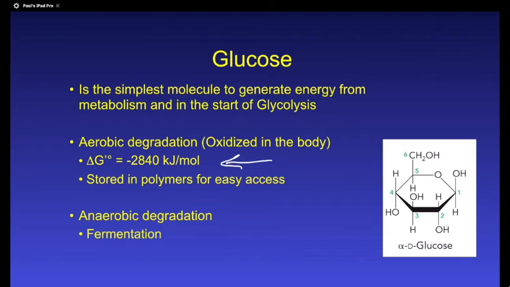But we can actually get into a degradation event called the anaerobic degradation, okay? And in general, an anaerobic is called fermentation, okay? And we use fermentation, especially of glucose, in two ways.